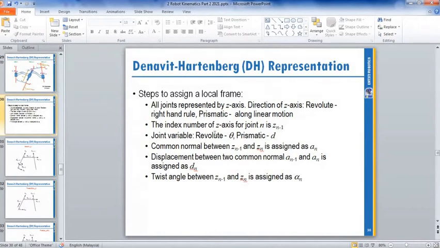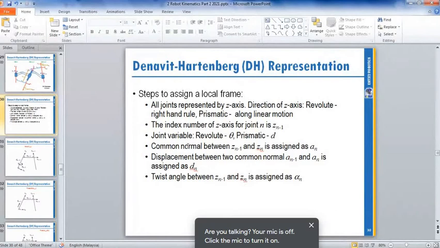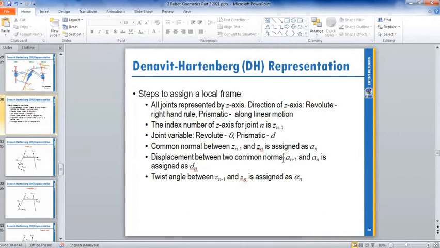The joint variable: revolute we call theta for z, and prismatic we call d. And then this is for x. For x, a for the prismatic, and the other one is alpha for x at this.